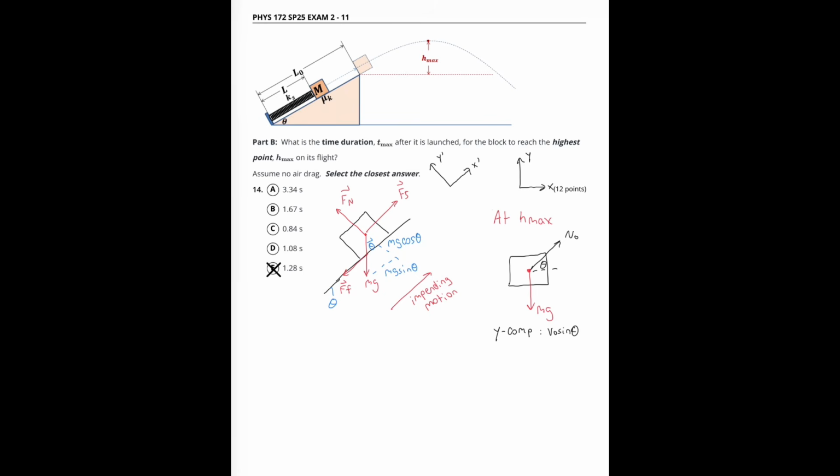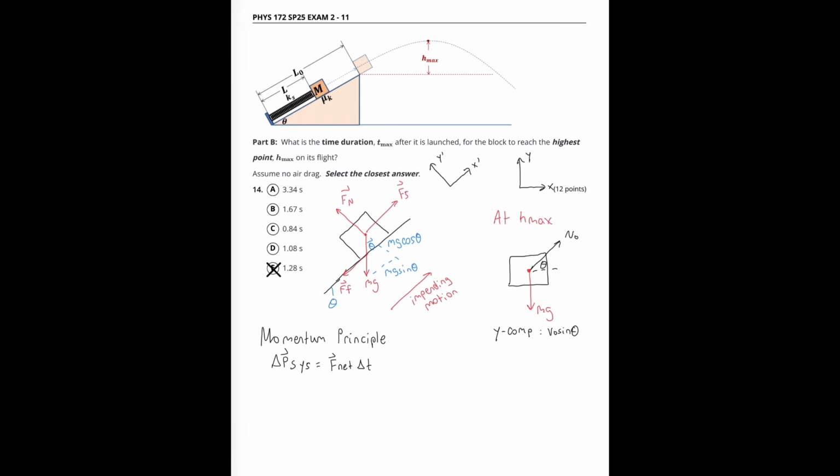And recall from earlier in the semester the momentum principle, which is defined by the change of momentum of the system, or the impulse, is equal to the net force times the change in time. And that's how you can get T max in this case.